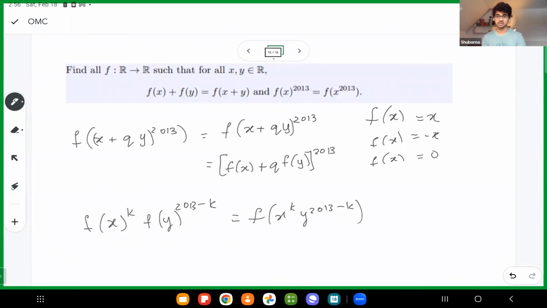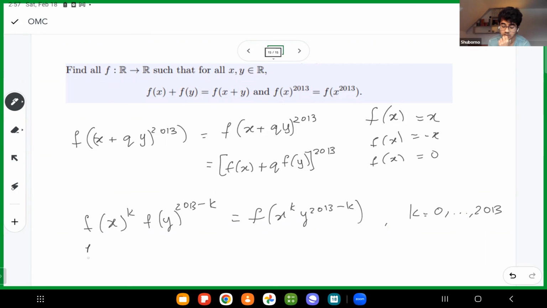So if you solve the equation that I wrote above, instead of using x and 1, you can use x and y and get the same thing basically, for k equal to 0 to 2013. I think your equation with 1 might be more than enough as well.